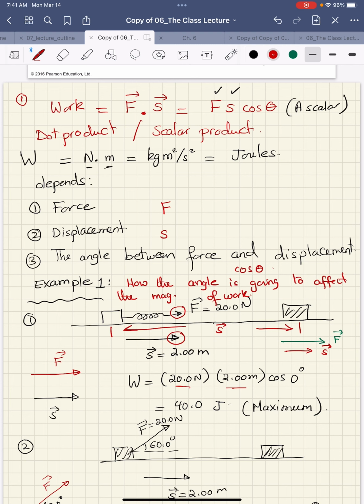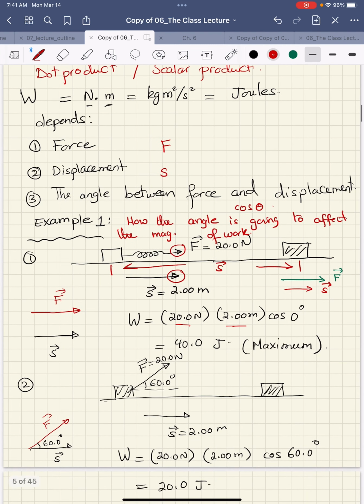All right? Now let's assume for the same displacement and the same force, I increase the angle to 60 degrees. The force and the displacement have 60 degrees between them.